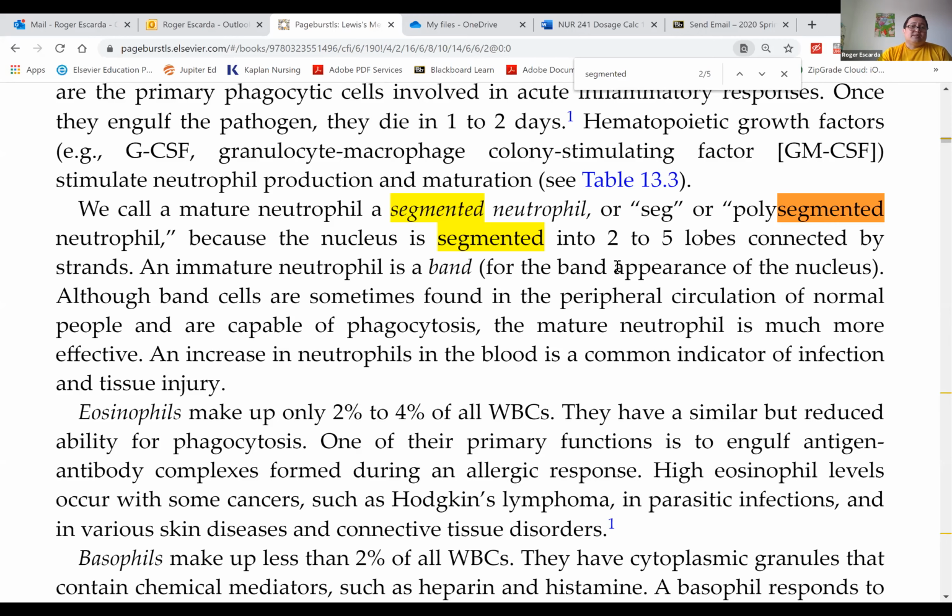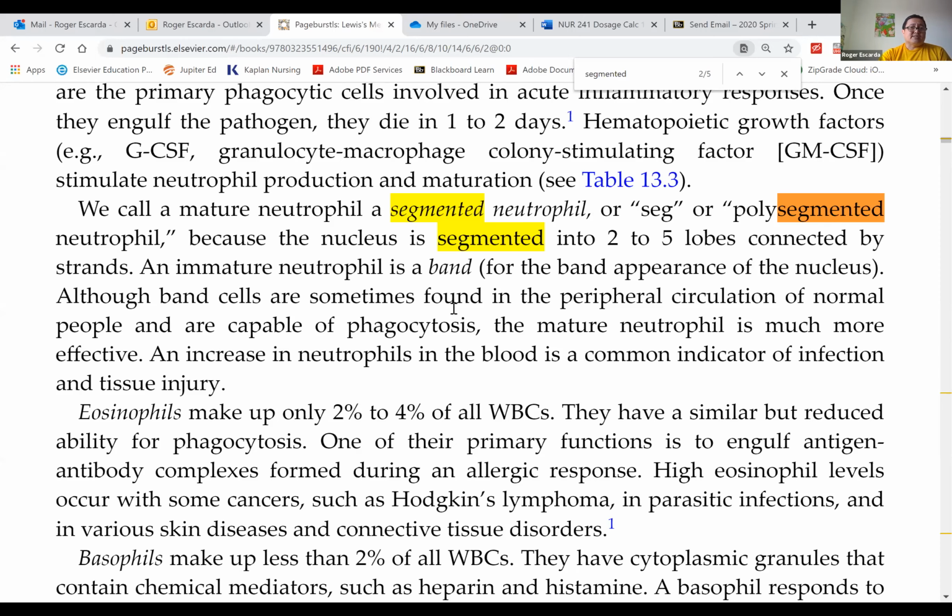Same thing in the body. When you are desperate, for instance, when a patient has a severe bacterial infection, wherein you don't have enough mature neutrophils to go to battle, go to war, the body ends up releasing band neutrophils, which are immature neutrophils, meaning they are not capable of really fighting the infection effectively.